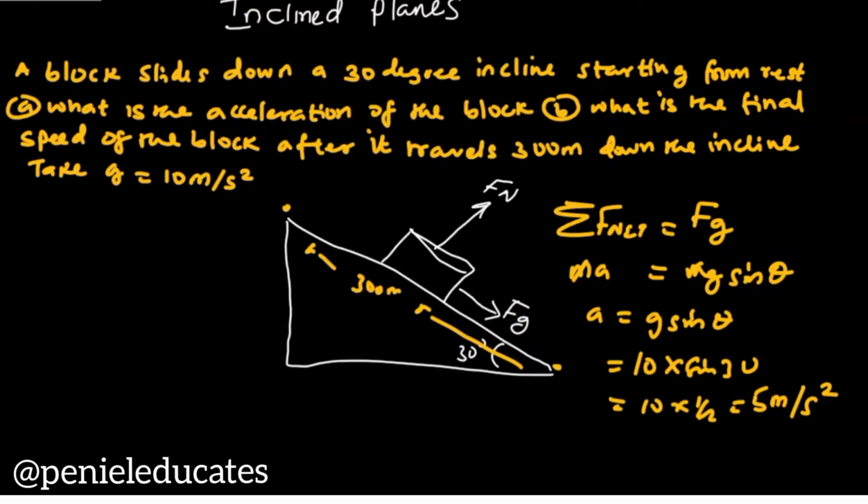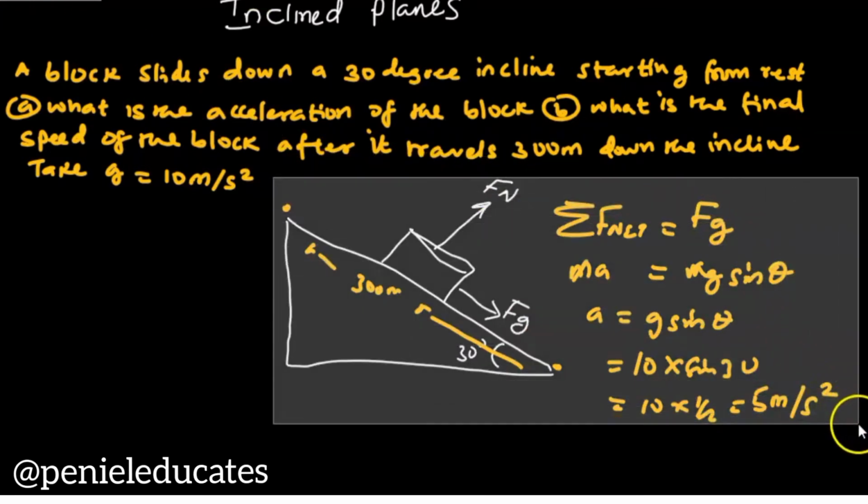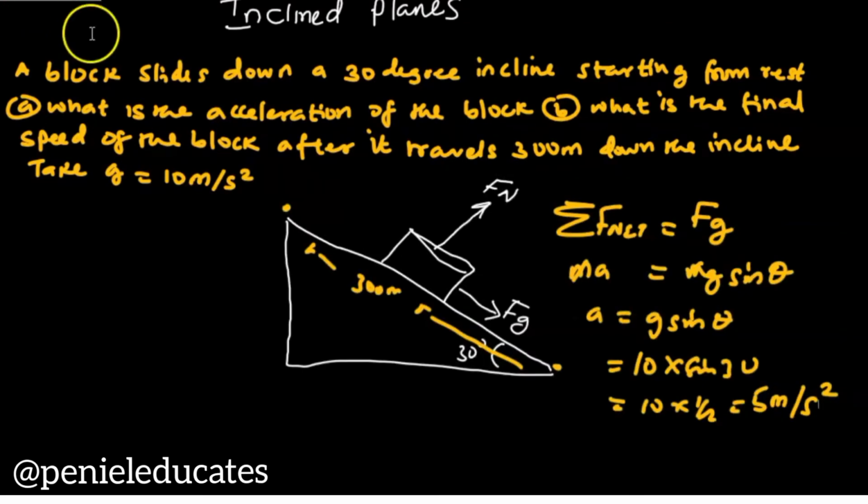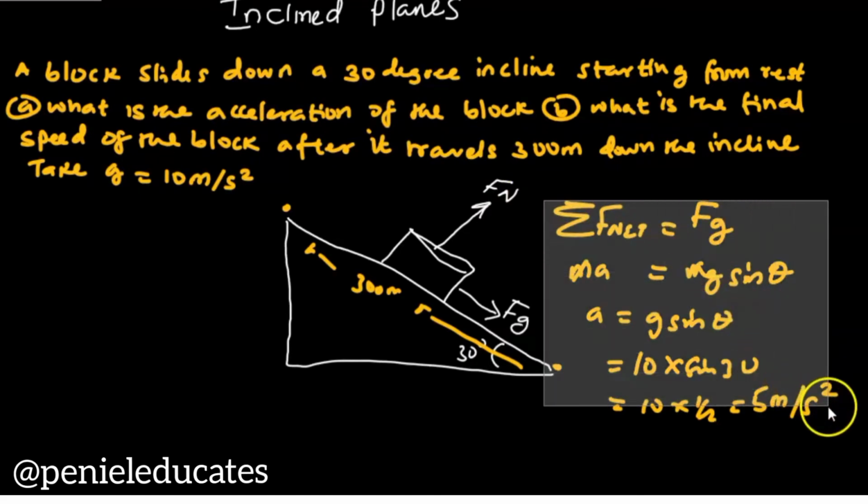Now let's look at the second question, when we're asked to find the final speed after the block travels 300 meters down the plane.